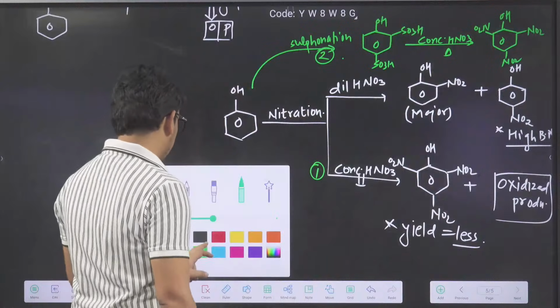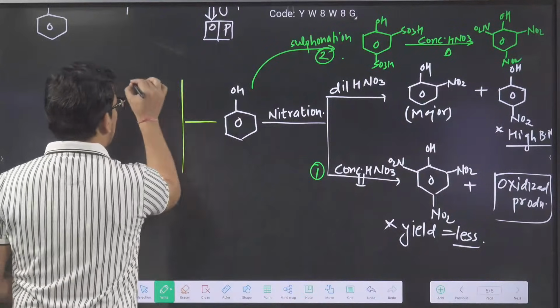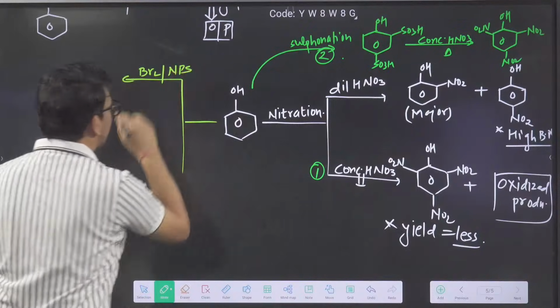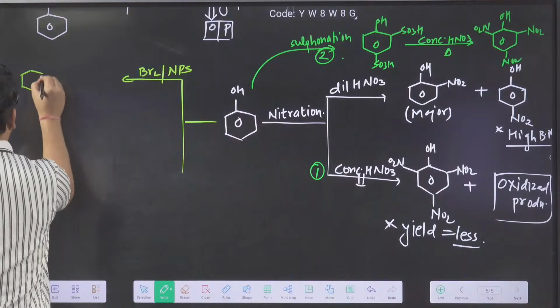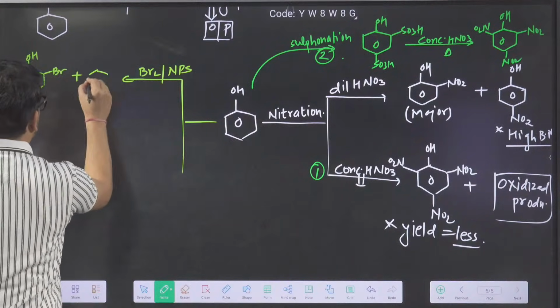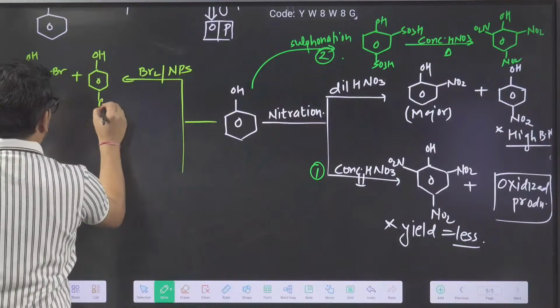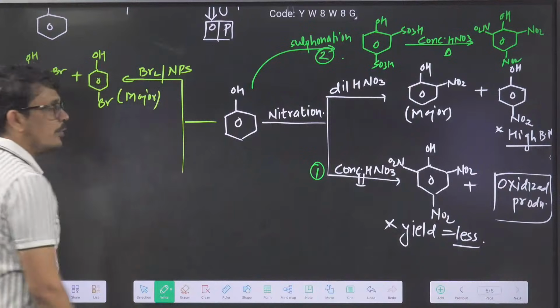Now next, halogenation. If you use Br2 along with a non-polar solvent, it will give you either ortho or para. Which one will be major here?